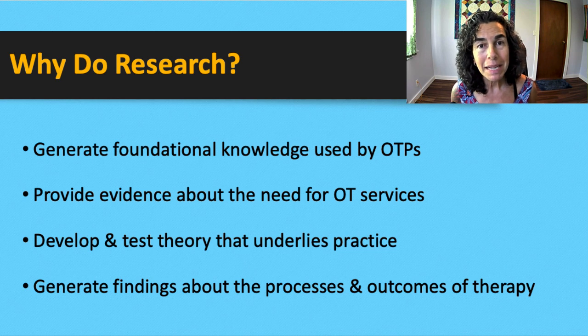And how do we test them to know that what they say actually is efficacious? And finally, we want to be able to generate findings about the processes and outcomes of therapy. I feel like I'm a little bit of a broken record at this point, but we want to know how is what we're doing working, right? How can we improve? What do we keep? What do we change?